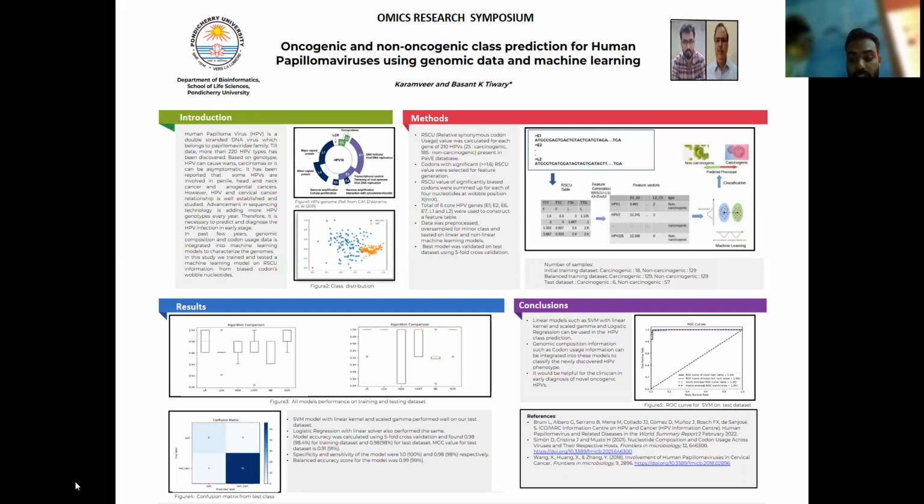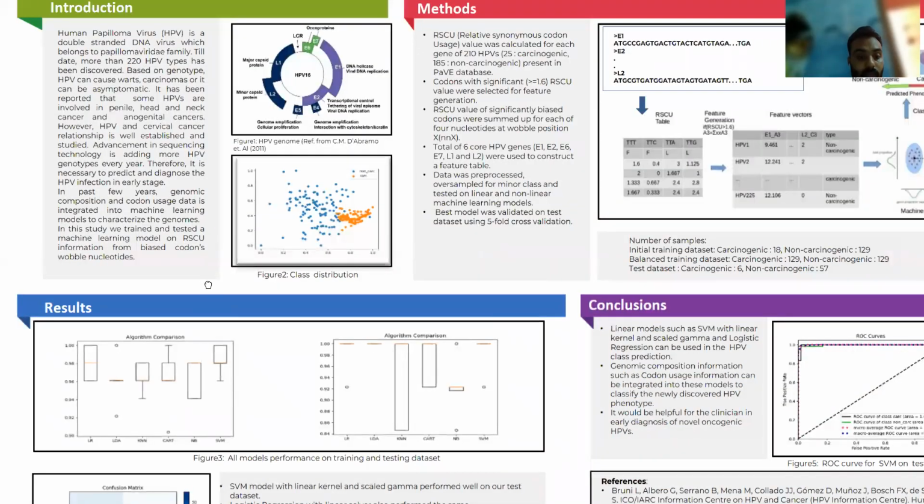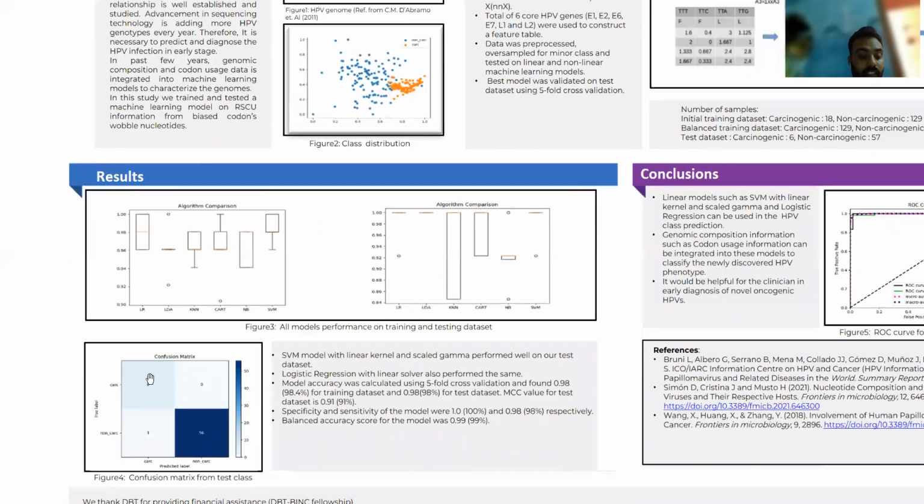And as you can see in our confusion matrix, 6 of the carcinogenic samples were classified correctly, and out of 57, 56 non-carcinogenic samples were classified correctly. Only one non-carcinogenic sample was classified as carcinogenic.